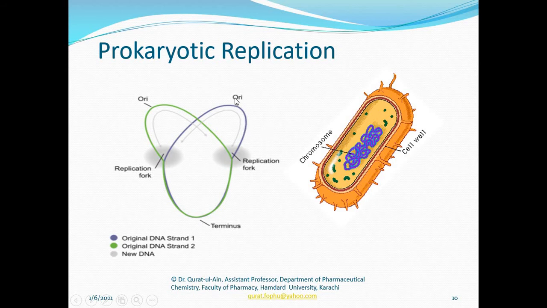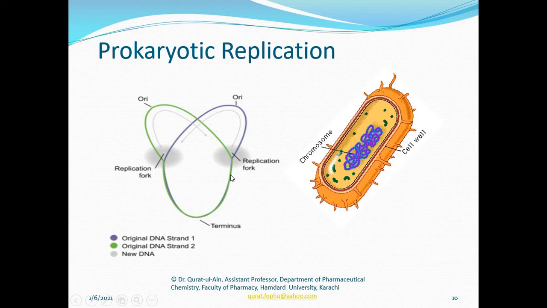Because the origin of replication has a few sequences that can be easily identified by different enzymes that have to play their role, that have to work during the process of replication.